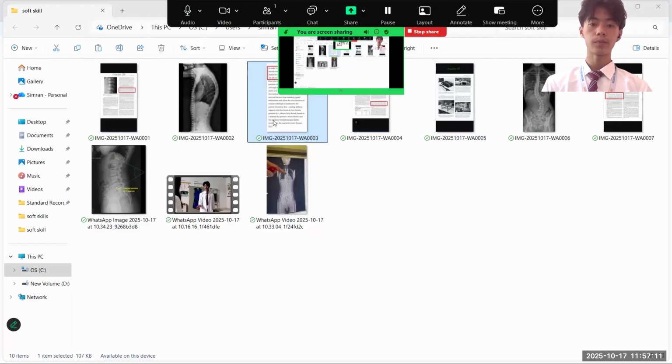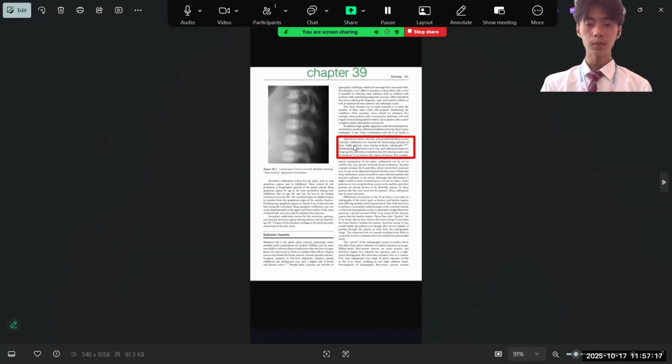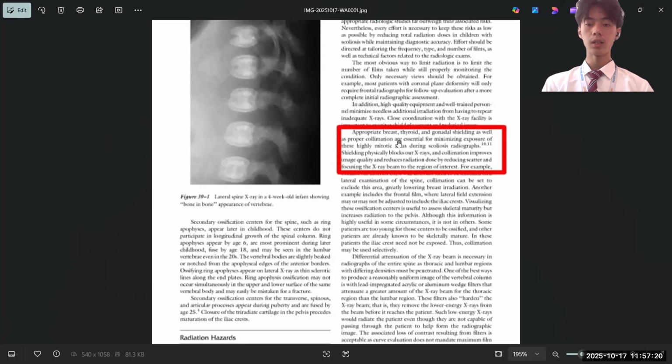So we'll be referring to chapter 39 of Human Spinal Deformities, where it has clearly said that while performing such scans, we should protect the patient properly by giving them a thyroid shield, a gonad shield, as well as proper collimation, which is essential for minimizing exposure to the patient.